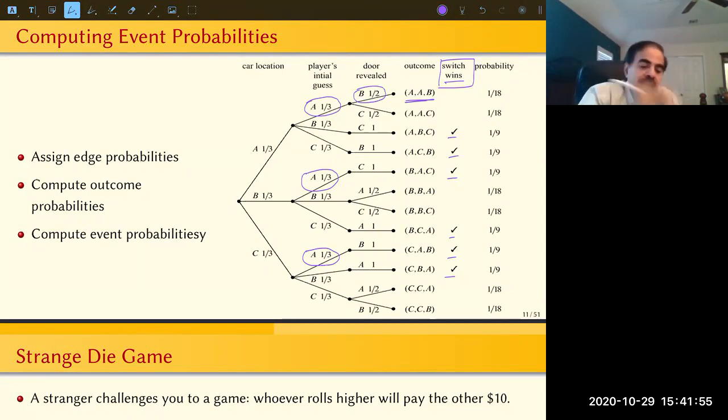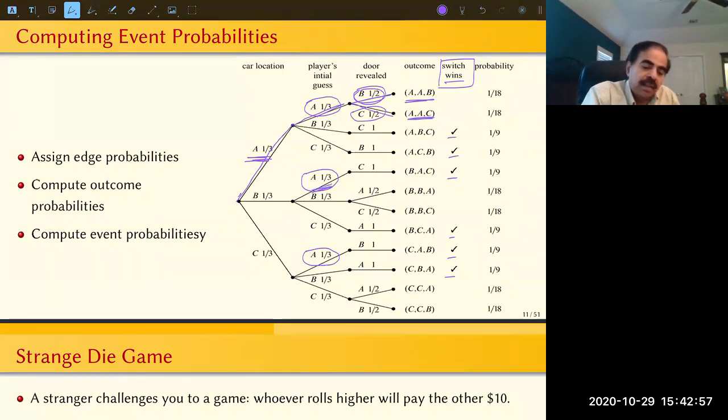Or you can look at it this way: the actual car is at location A, therefore there is a goat behind gate B, and a goat behind gate C. So the point is that in this particular path, both of these outcomes still have a goat behind gate B because the car is actually behind gate A. So both of these outcomes correspond to a situation where the player picks gate A and there is a goat behind gate B. Okay.